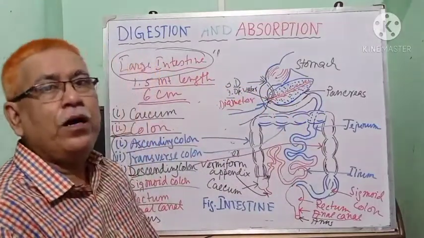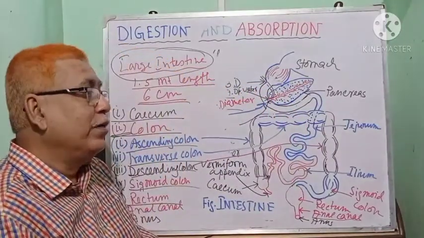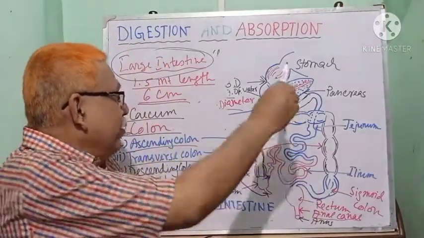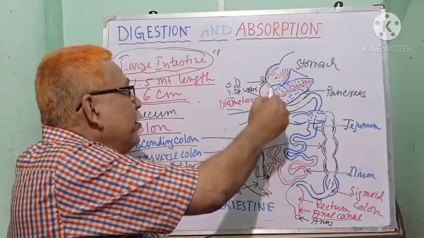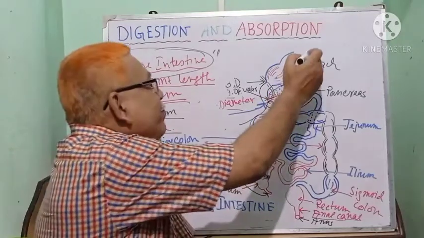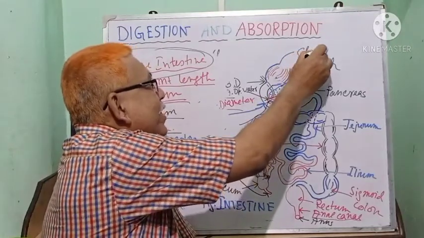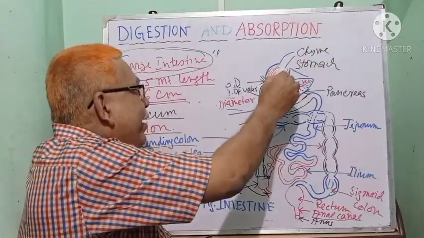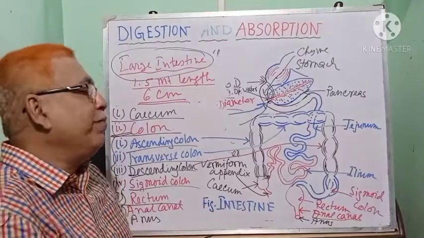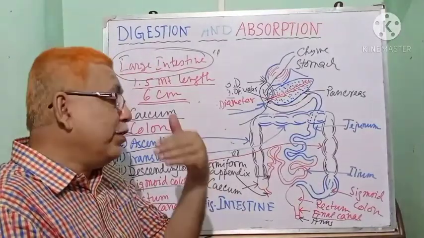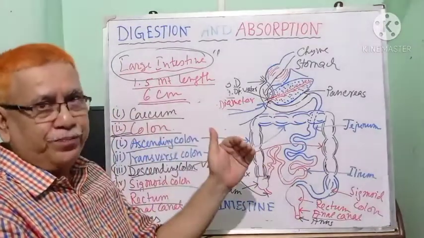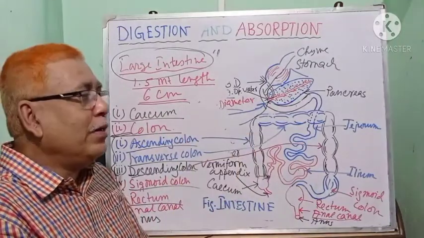Now, the function of the small intestine: actually, digestion takes place here. The duodenum, that is the first part of the intestine, receives chyme. There is chyme within the stomach. Chyme enters into the duodenum, that is undigested or partially digested food material, then digestion takes place in the small intestine.